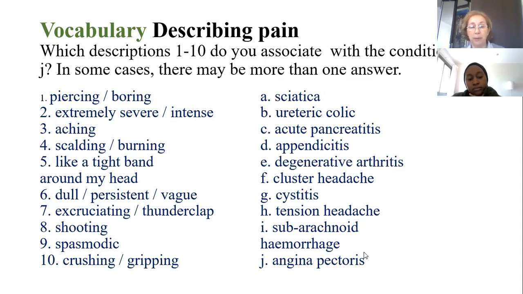This is spasmodic pain. And the crushing and gripping, this is the end of everything. So the patient is very scared because he has the crushing, gripping pain in the breast. This is angina pectoris.